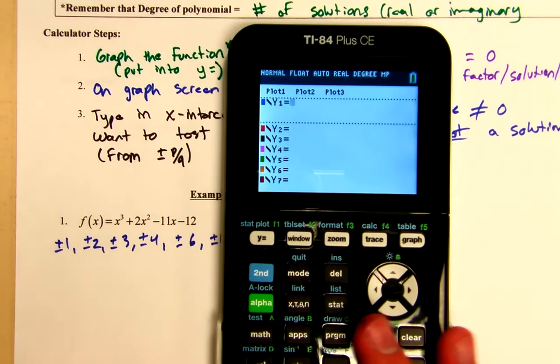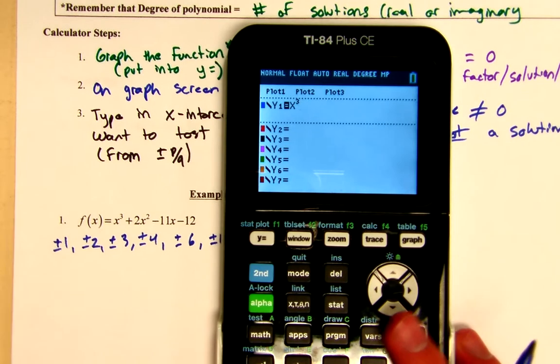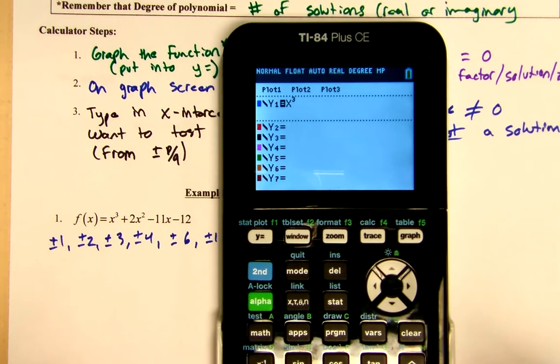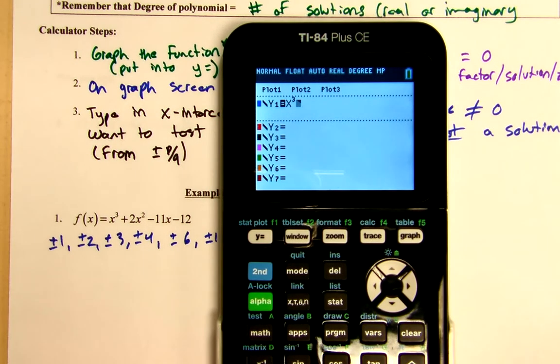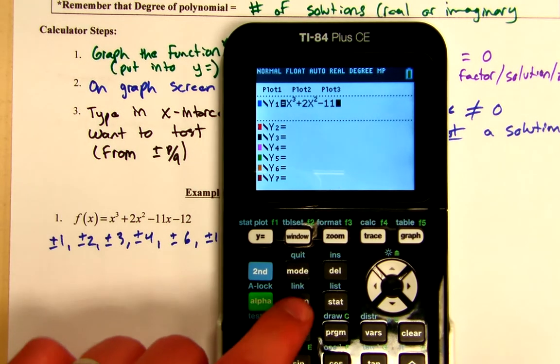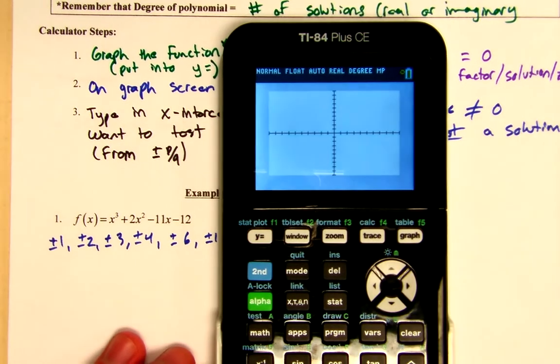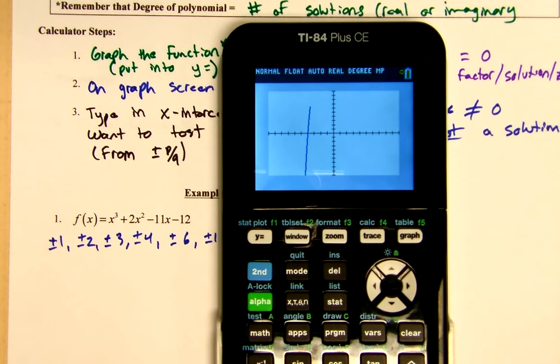So clear, I want x to the third power. Now make sure if you have the old graphing calculator, your third power is in parentheses with the x. Plus 2x squared minus 11x minus 12. Hit graph. We need to go to the graph screen.